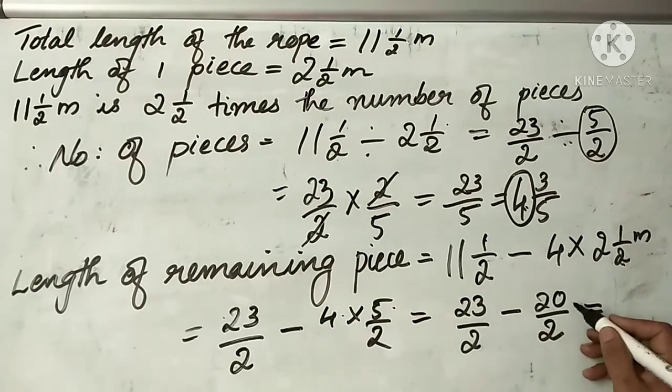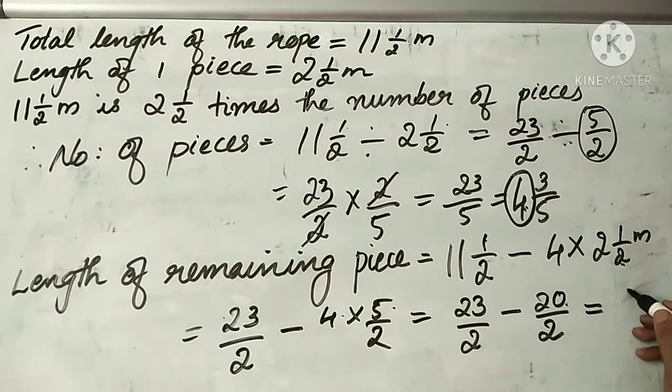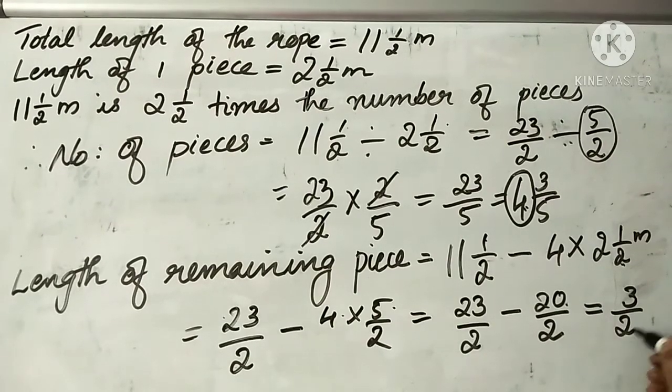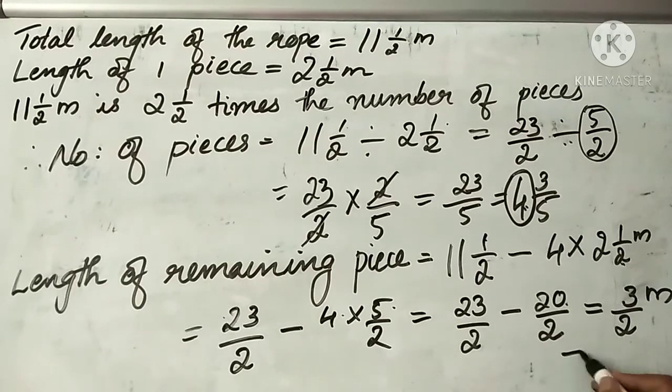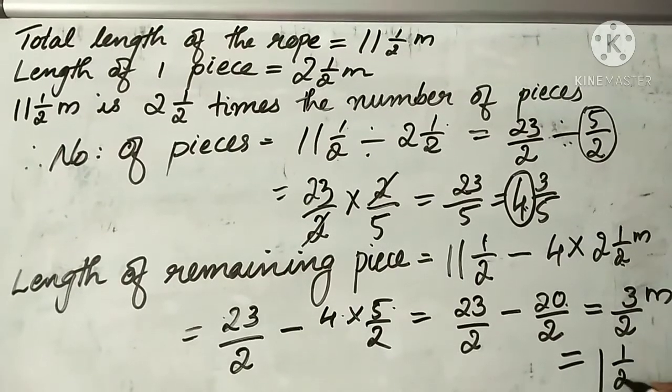Answer is 23 minus 20, which is 3 by 2 meter. 3 by 2 means 1 1 by 2 meter. So, length of the remaining piece: after cutting 4 pieces of 2 1 by 2 meter each, we get the balance piece as 1 by 2 meter.